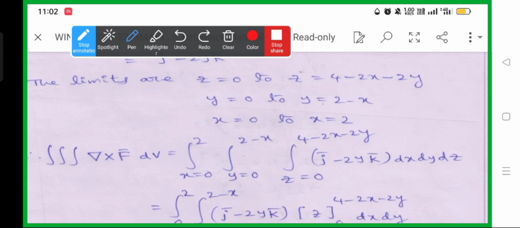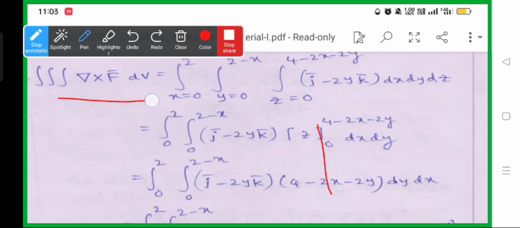So taking the limits for the derived values, that is j minus 2y k vector, dx dy dz. First take dz integrating, then y integration, then x integration. Okay, here is the formula for volume integration, triple integral of del cross f dv, integrating with volume.